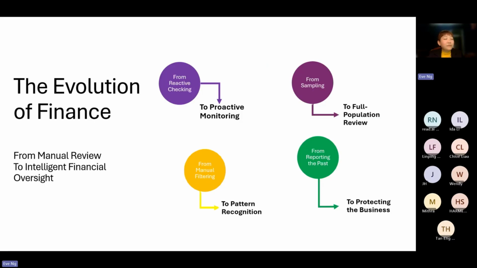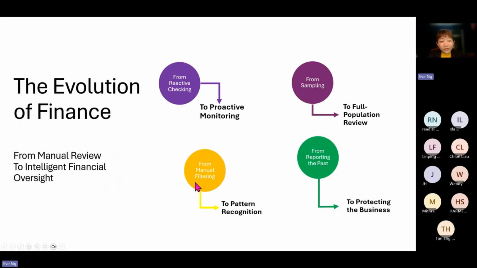So the evolution of finance, from manual review to intelligent financial oversight. The system monitors for you, but the finance will do the leading, to check for you. From reactive checking, now we become proactive checking. From sampling, to full population review.